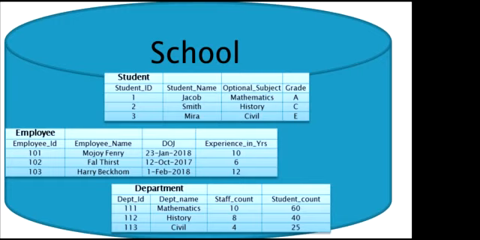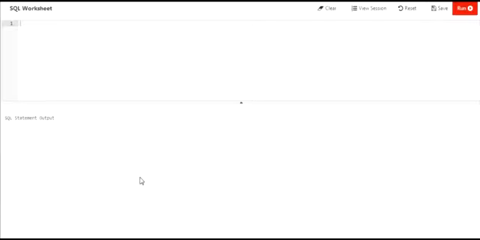Let's see how these tables look in the database. Let's have a look at the database side. In the database, we usually have an SQL worksheet where we write our queries, and output statements are displayed on the output board.